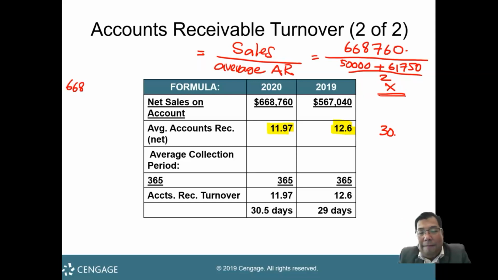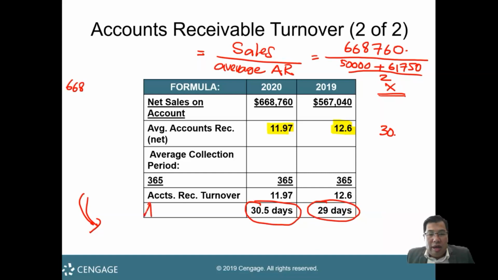I want to show you, don't stress on this. The more important formula here is how to determine the number of days, 30.5 and 29 days. I call this the average collection period: how long it takes for you to collect your money from your account receivable, from your customer.